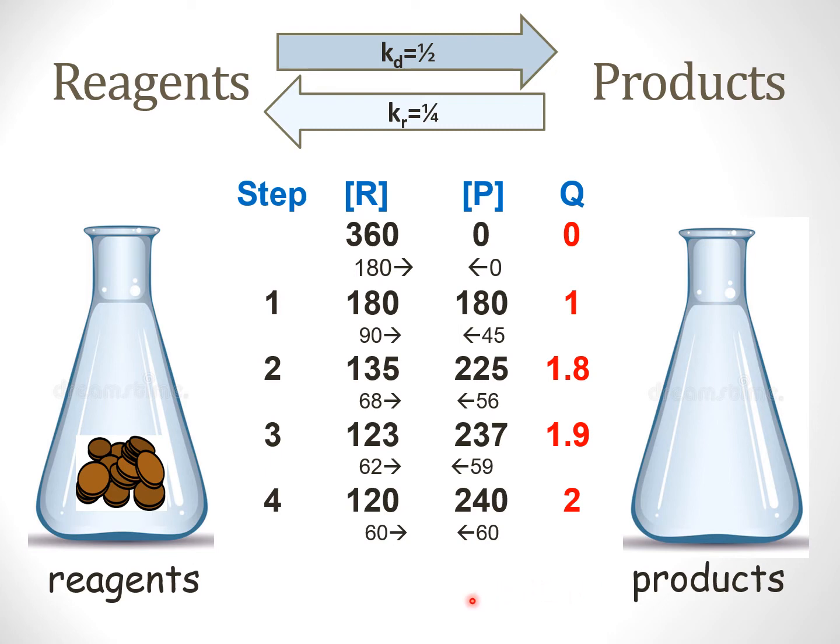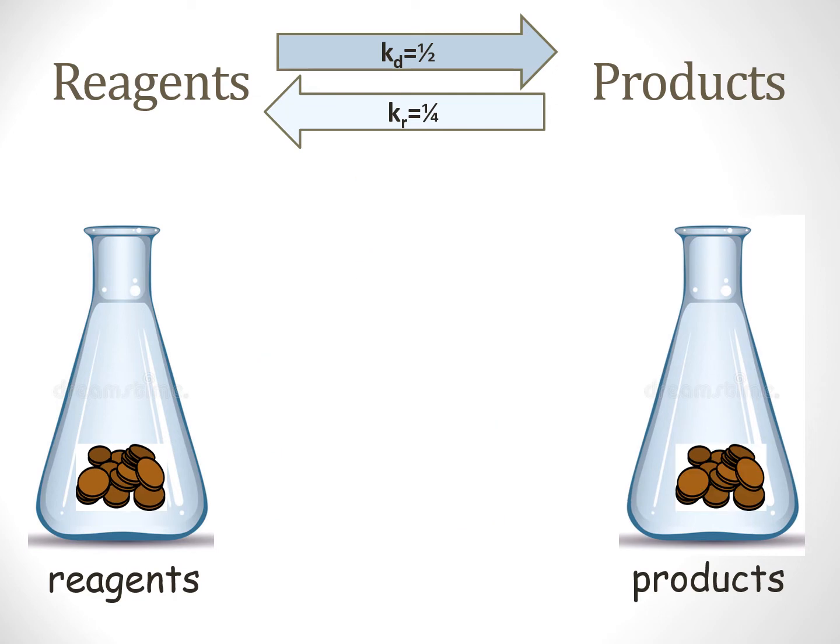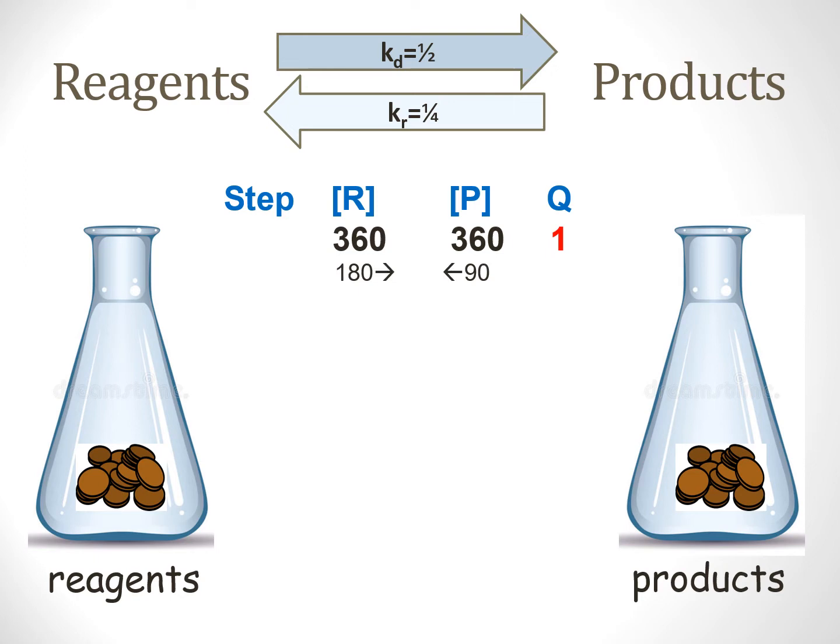Doesn't matter how we start. So for example, if we start having the same amount on both sides, are we ending up with any different solution? You kind of got the mechanism, so I'm going a little bit faster. Every time we take 1/2 of the coins on the left side, 1/4 of the coins on the right side, and we move them, and then we see what's the net result.